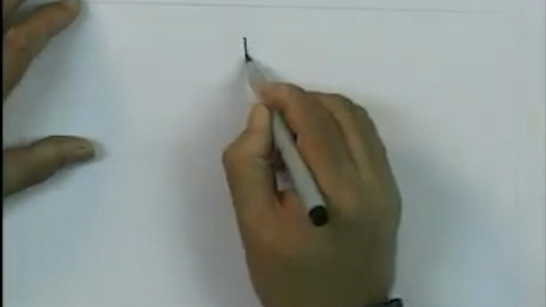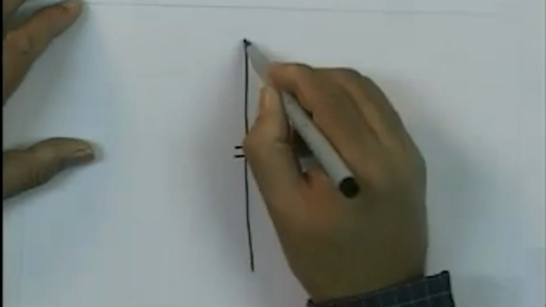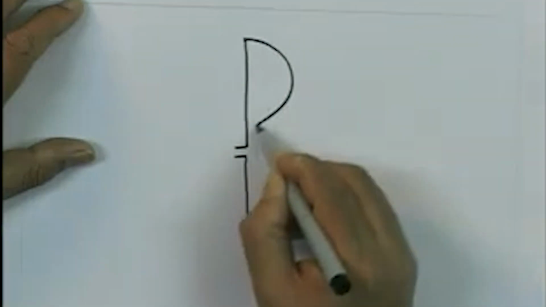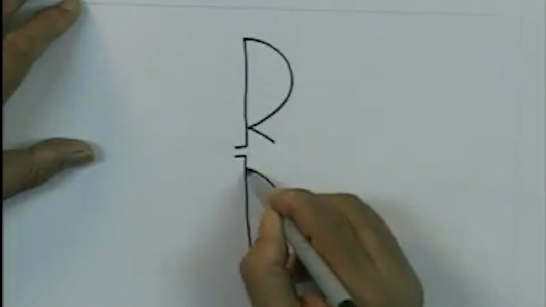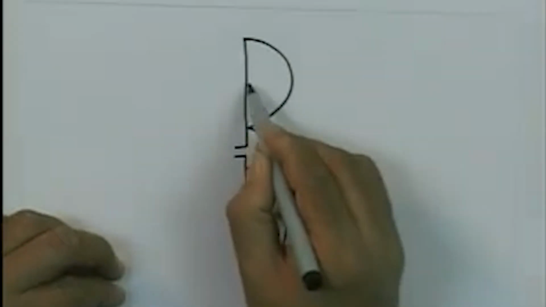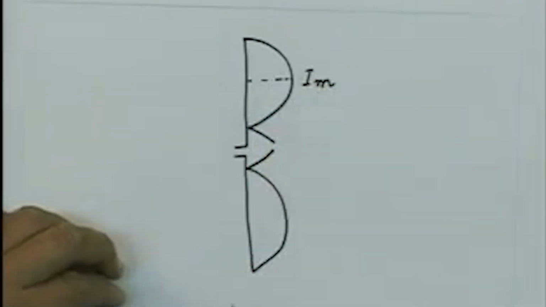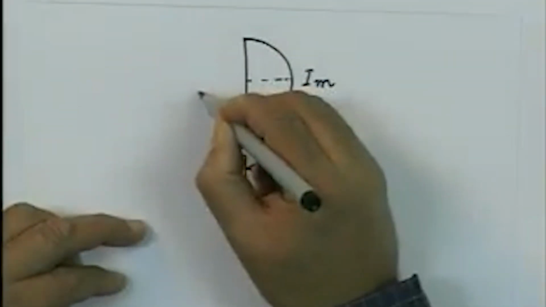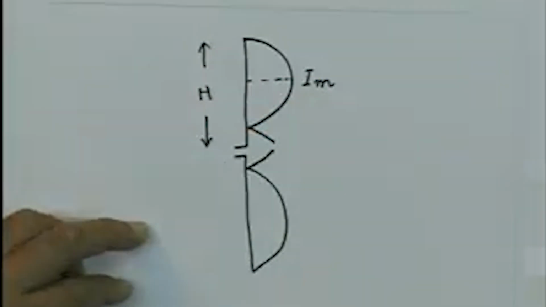The current distribution for the dipole, if I write on a separate figure, will be like that, where this is the value I m, and the height of this antenna is 2h, that means half of the antenna height is h.